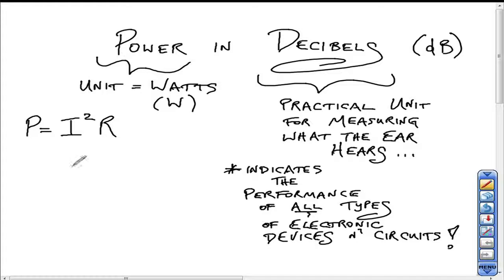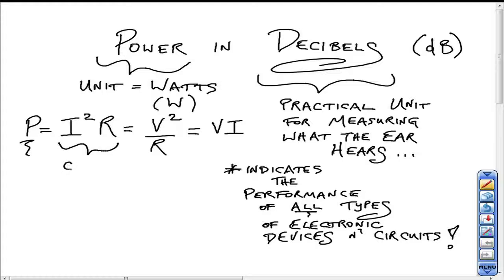Or another way to think about power is if someone gave you the voltage across something, you would square your voltage and divide that by resistance. Or last but not least, if someone gave you voltage and someone gave you current, you could also solve for power. So three ways.